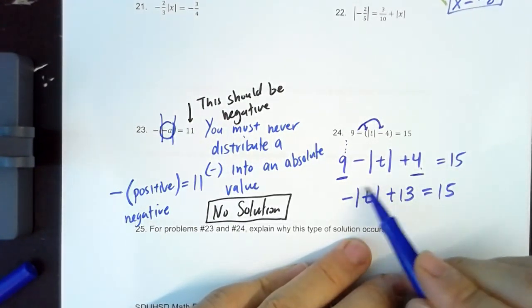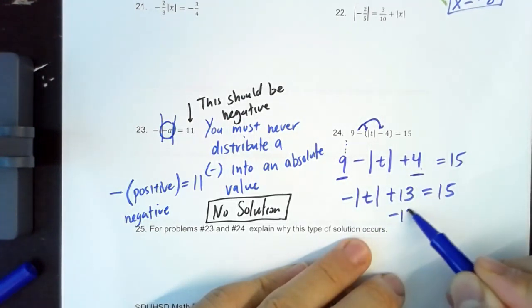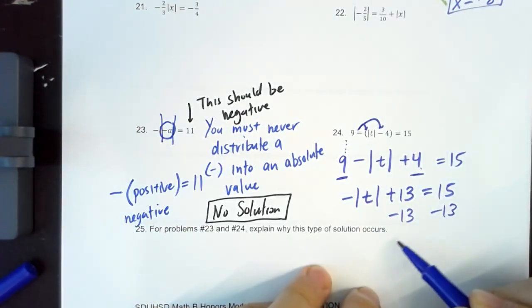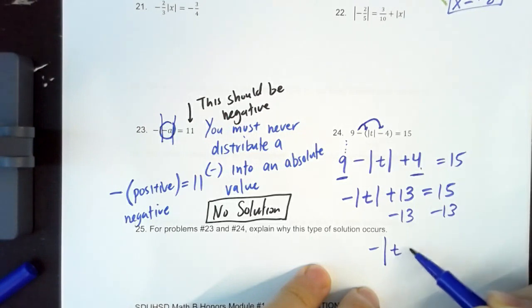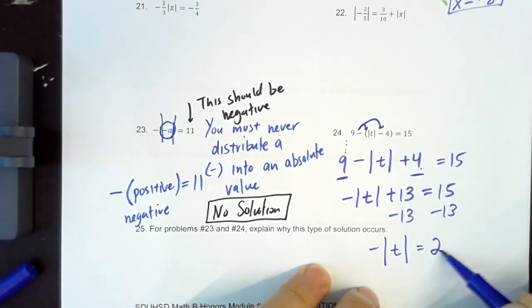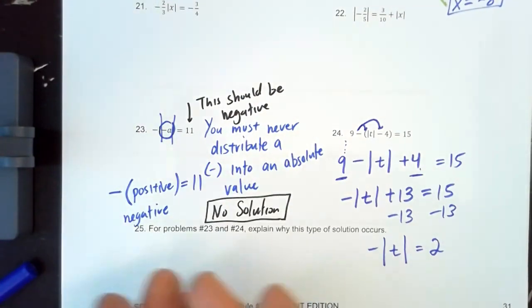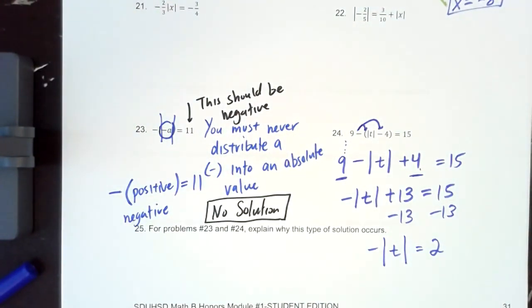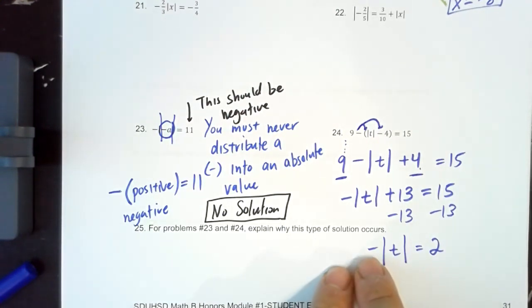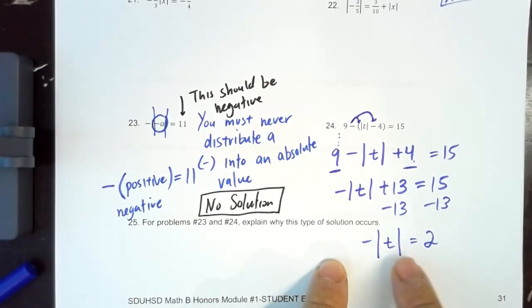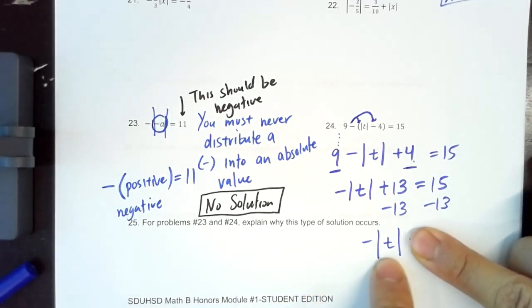Again, our goal is to isolate the absolute value. So I subtract 13 from both sides, and I get negative absolute value of t is equal to 2. And really, it's the same exact scenario as 23. If something is always positive, but you attach an opposite sign outside of it, then that means this should technically be negative now, right?